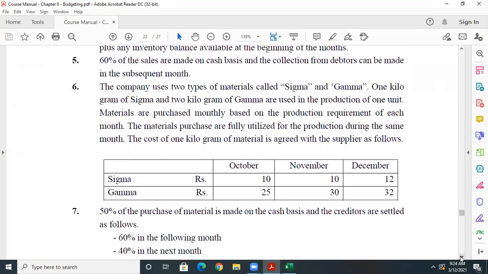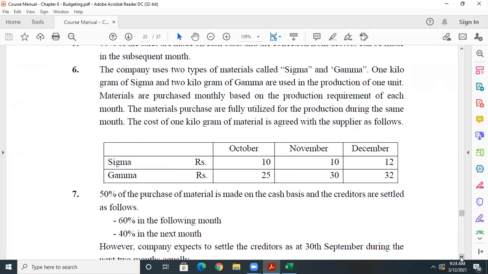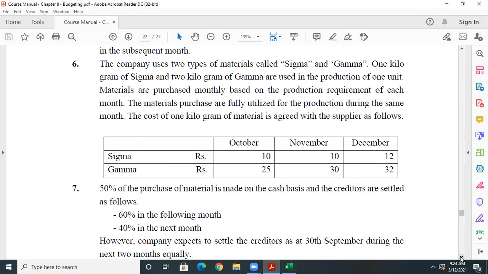Then it says the company uses two types of materials called sigma and gamma. 1 kilogram of sigma and 2 kilograms of gamma are used in the production. It takes 1 kilogram of sigma and 2 kilograms of gamma for the production. Materials are purchased monthly based on the production requirement of each month.